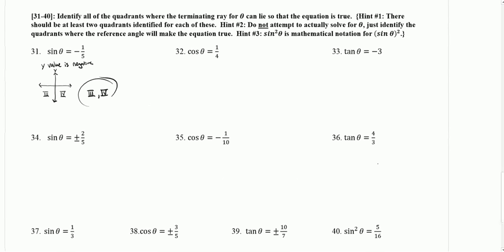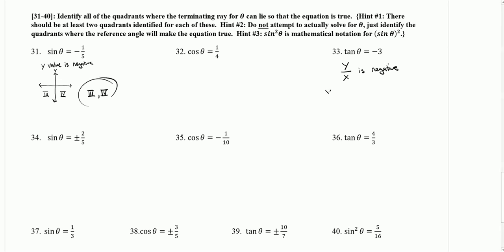Number 33, we have the tangent is negative. Well, tangent, remember, is defined as y over x. So we have y over x is negative. If you divide two numbers and you get a negative answer, that means one of them has to be positive and one of them has to be negative. So we have two options here.